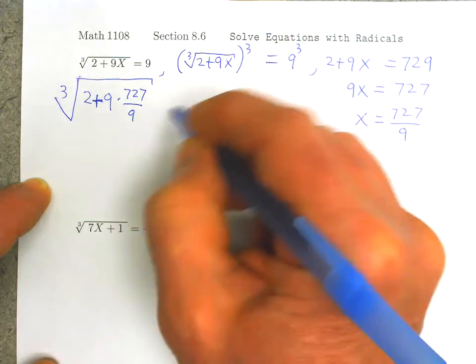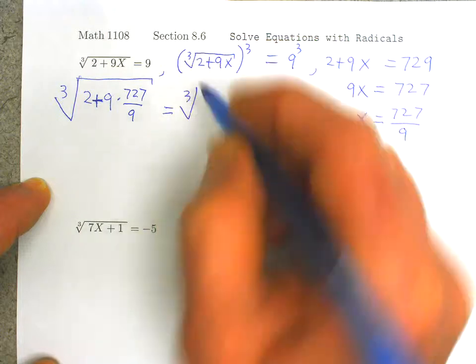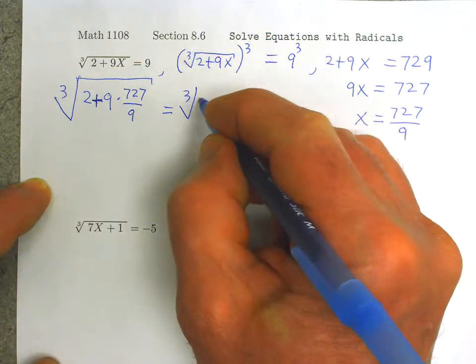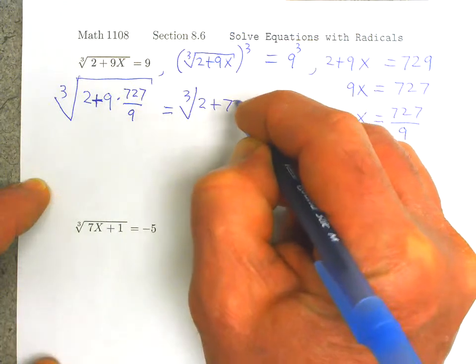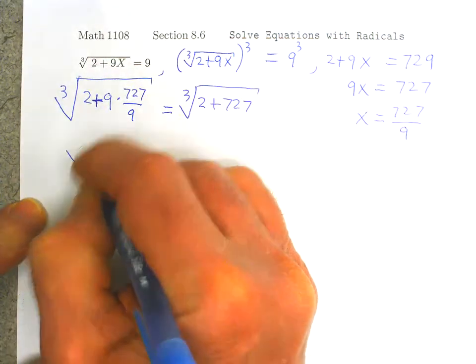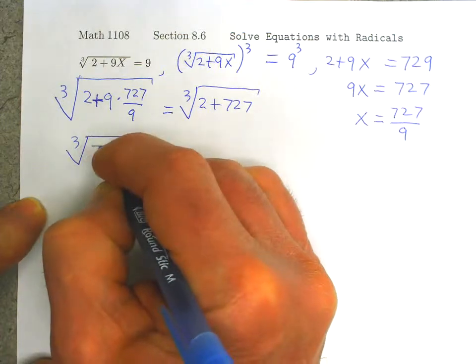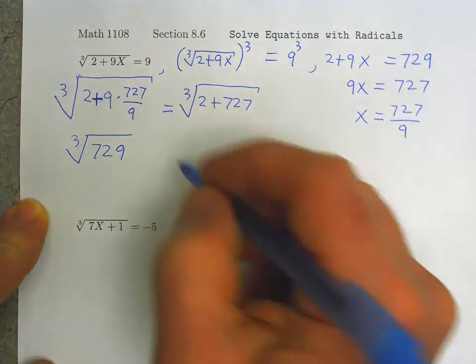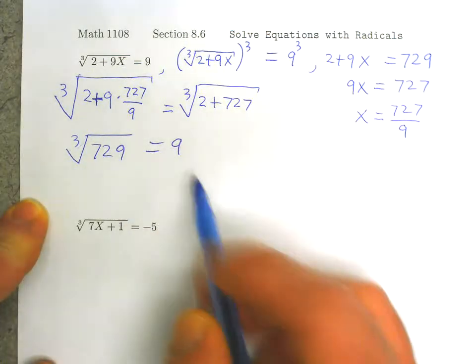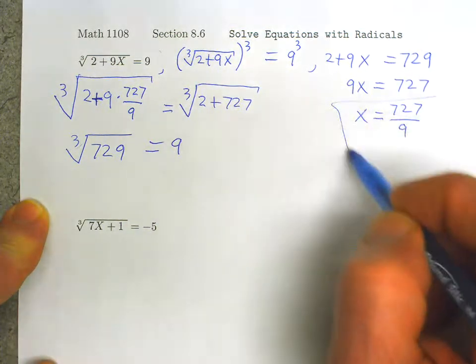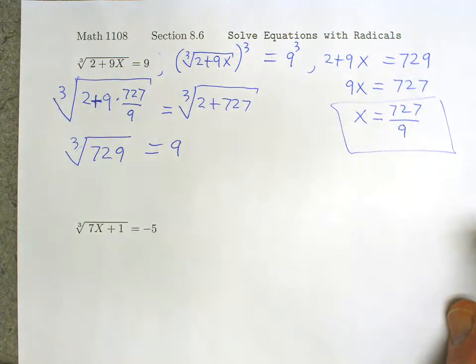And then inside the radical, the 9's cancel, so we're just left with 2 plus 727 on the inside. And that's equal to the cube root of 729, but we know that the cube root of 729 is 9. That is equal to what it's supposed to be equal to. And so this is the solution to that equation.